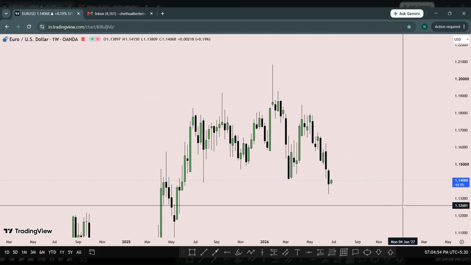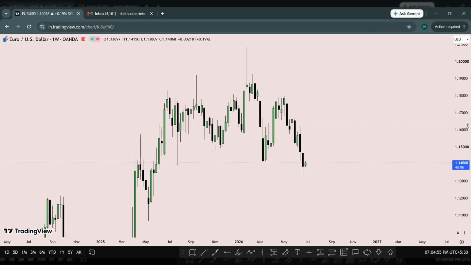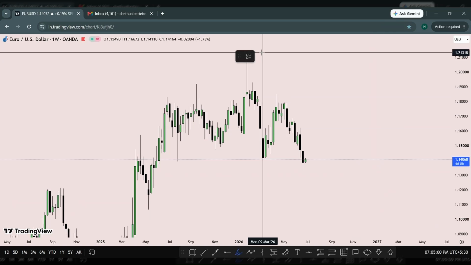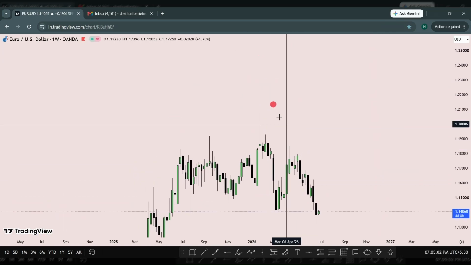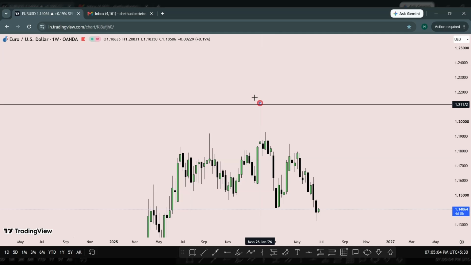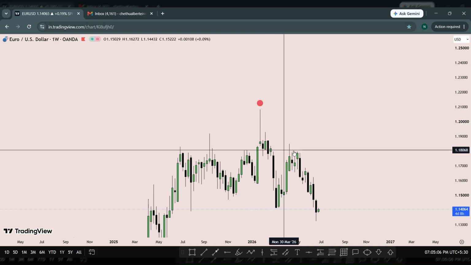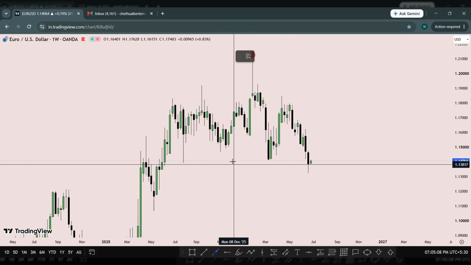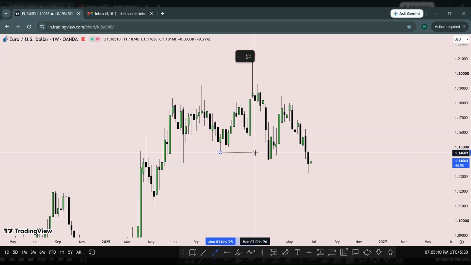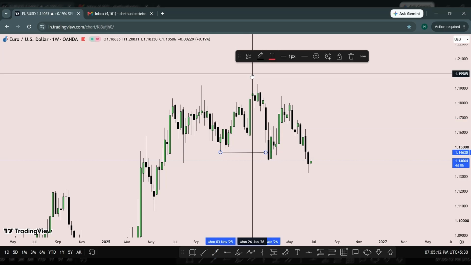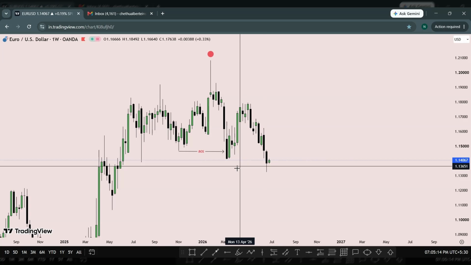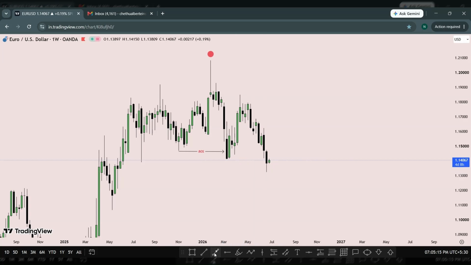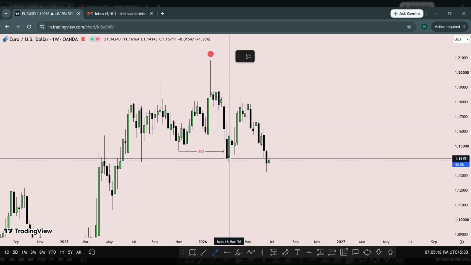Starting from the weekly chart, marking the high of the week, the market created a strong wick and broke this low. Again, the price broke this low also.